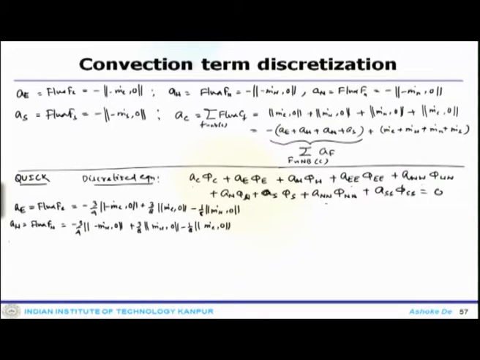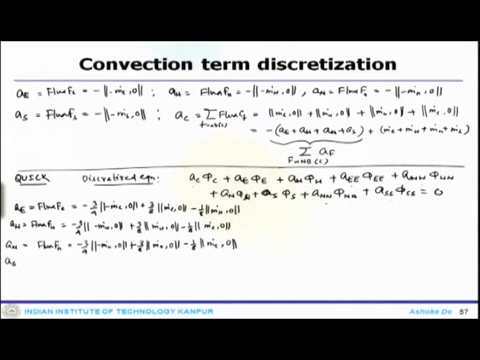And A_N will be flux F_N, which is again minus 3 by 4 m dot N 0 plus 3 by 8 m dot N 0 minus 1 by 8 m dot S 0.